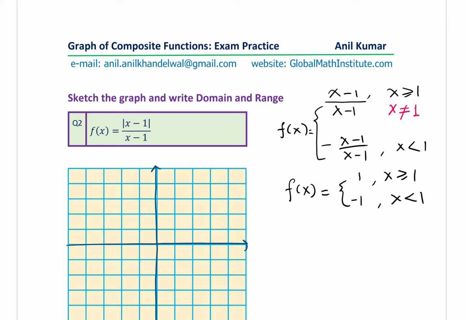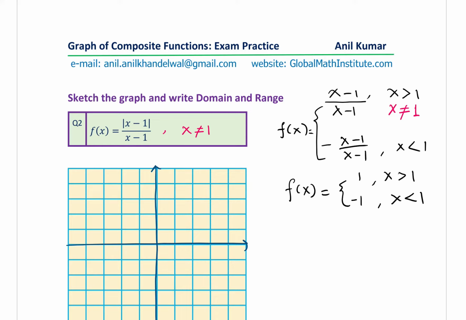So definitely, if that is the restriction, you could not have written x greater than or equal to 1 in this particular case. We should have written x greater than 1, correct? So these two values are for x greater than 1 and x less than 1. So clearly the function has a restriction. Since the denominator cannot be 0, we should write x is not equal to 1.